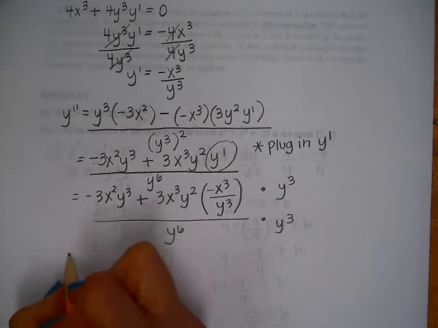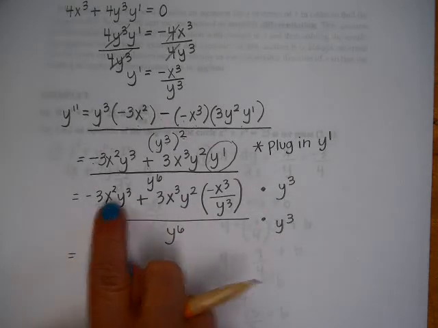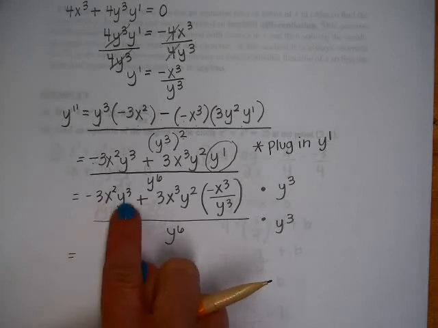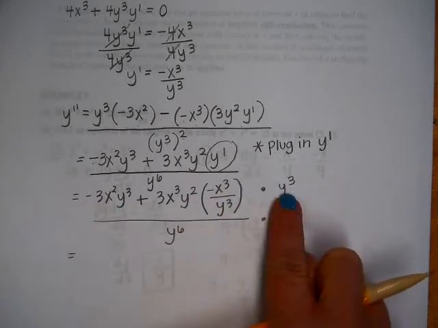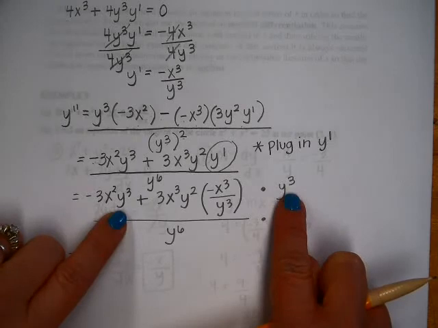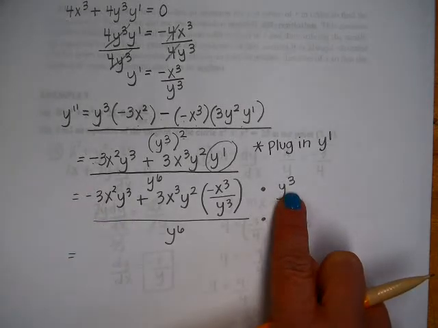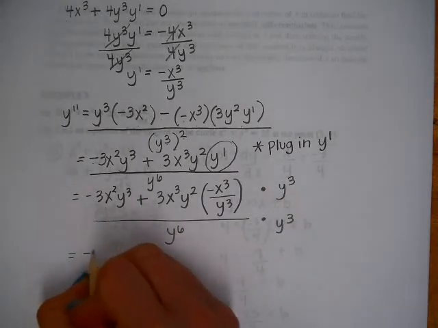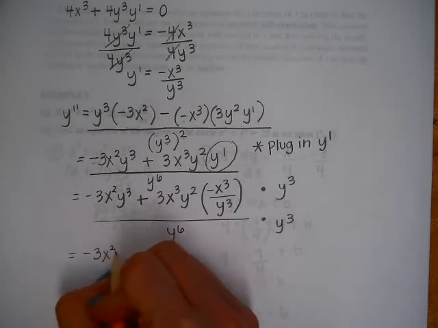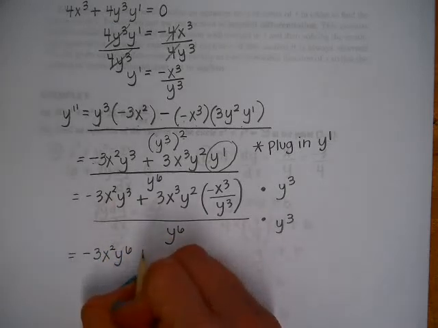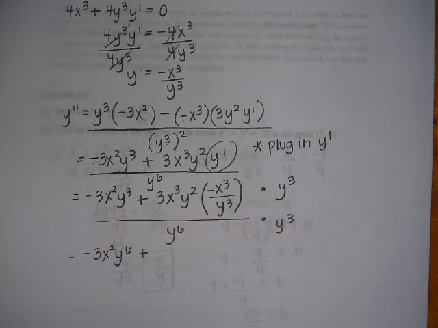So when I multiply negative 3x squared times y cubed, then y cubed times y cubed is going to be y to the 6. So that's going to be negative 3x squared y to the 6.